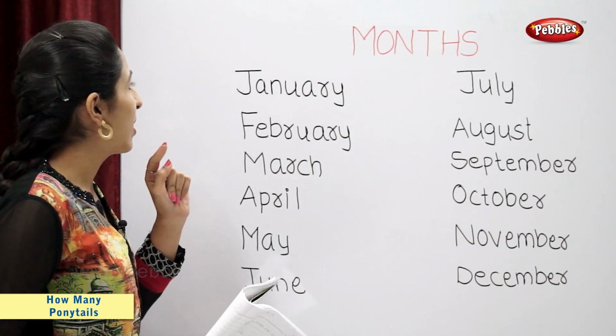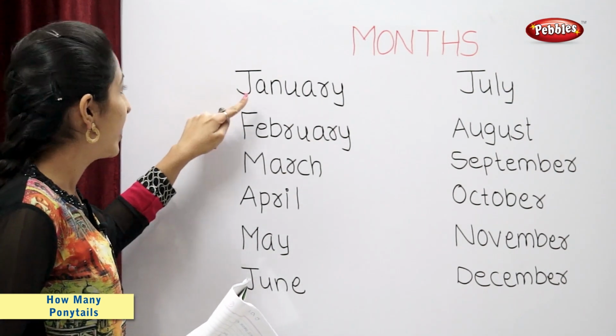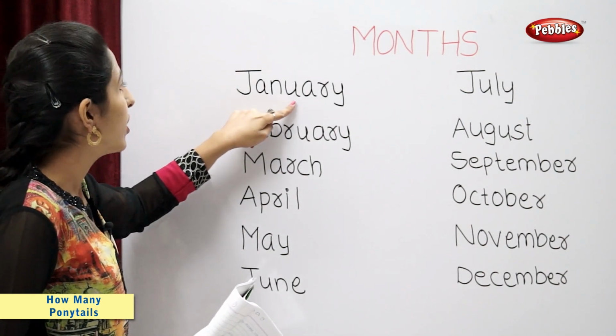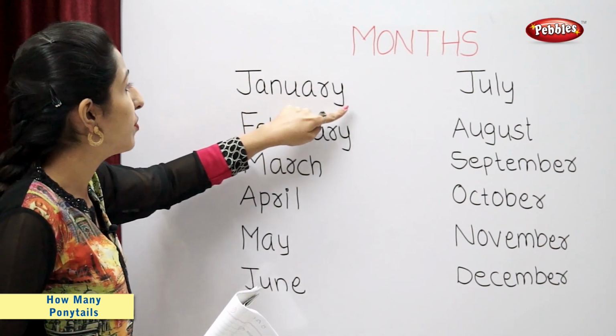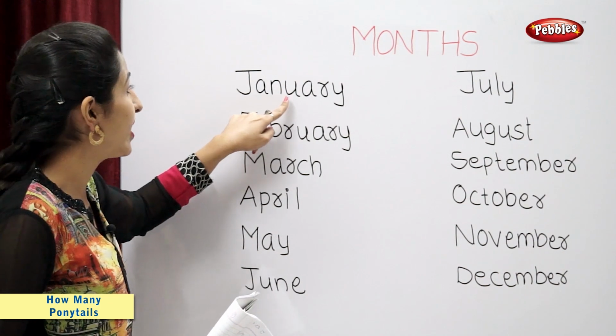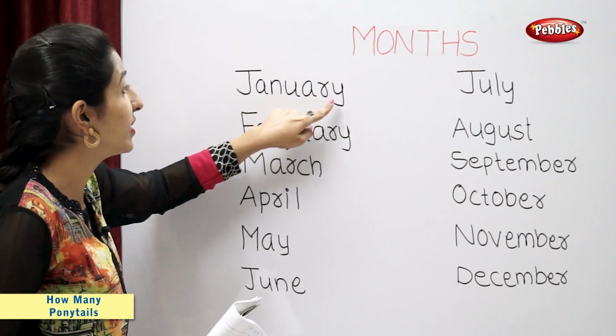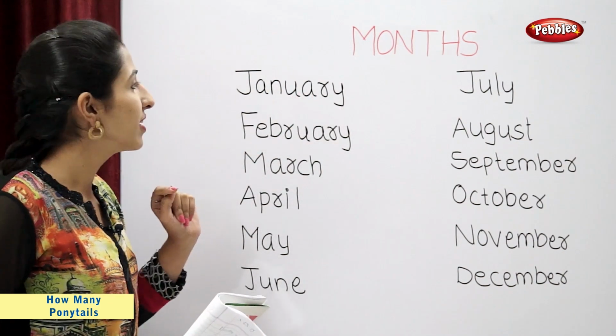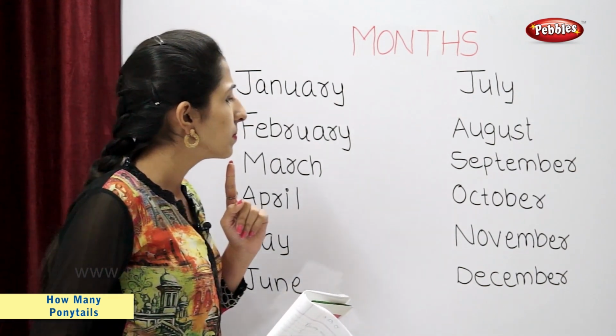January. Let's count. J, A, N, U, A, R, Y. So that is 1, 2, 3, 4, 5, 6, 7.